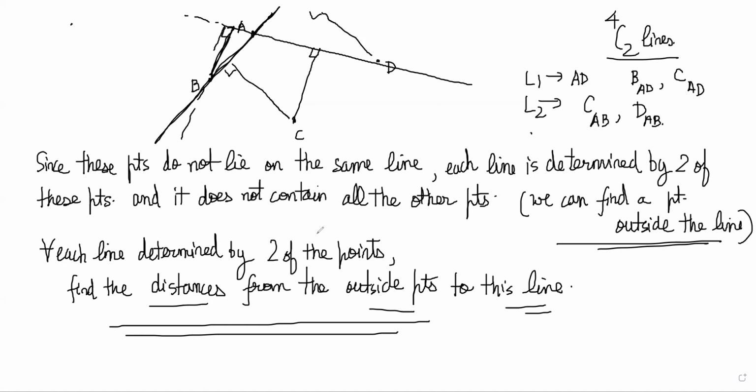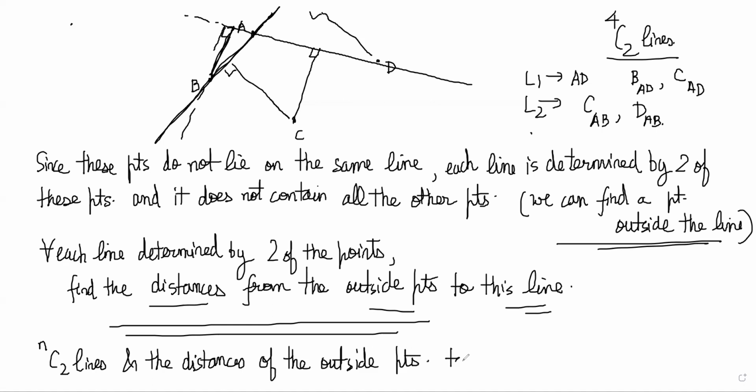So basically like this, we can list out all the nC2 lines and the distances of the outside points to each of those lines, right?